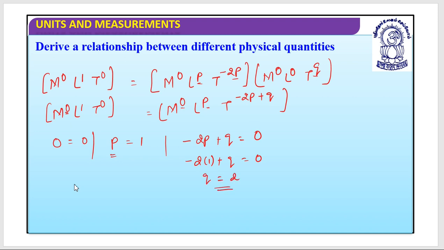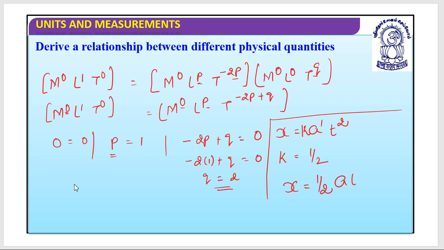So if I put in the values, x equals a to the power 1 and t to the power 2 multiplied by k, which is a dimensionless constant. Experimentally, k is equal to half, and thus x equals half into a into t square. This is the relation.